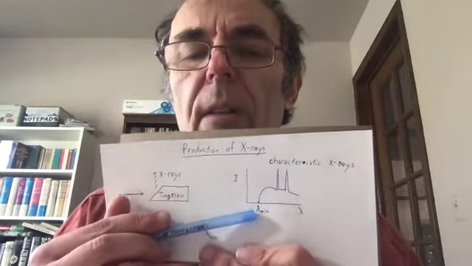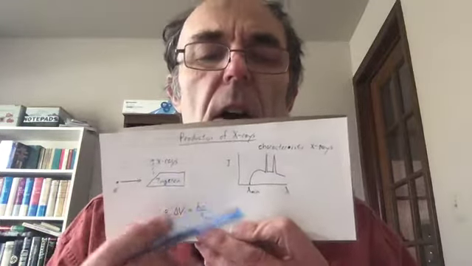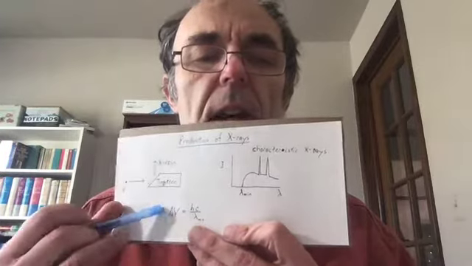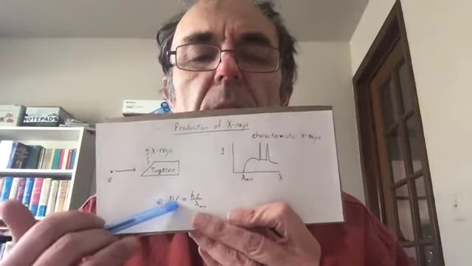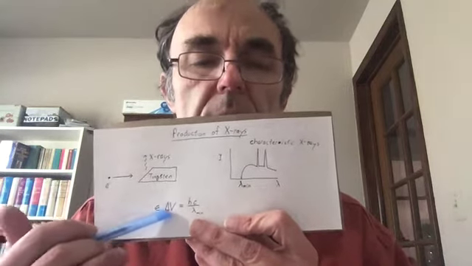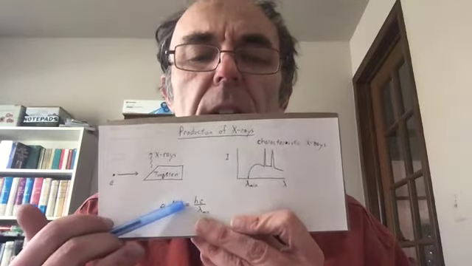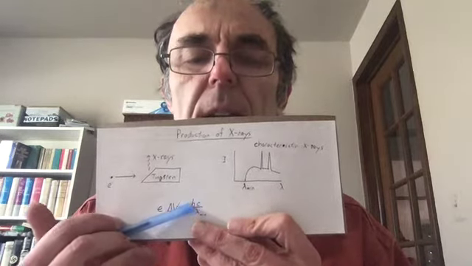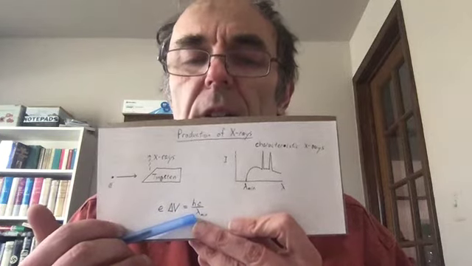Well, the shortest wavelength is lambda minimum. And what causes that? Well, you have an electron with charge e, and its energy comes from going through a voltage difference, delta V, like we saw in the last slide, to give you energy e times delta V. If all that energy gets turned into one X-ray, it has hc over lambda min as the photon energy of the X-ray.